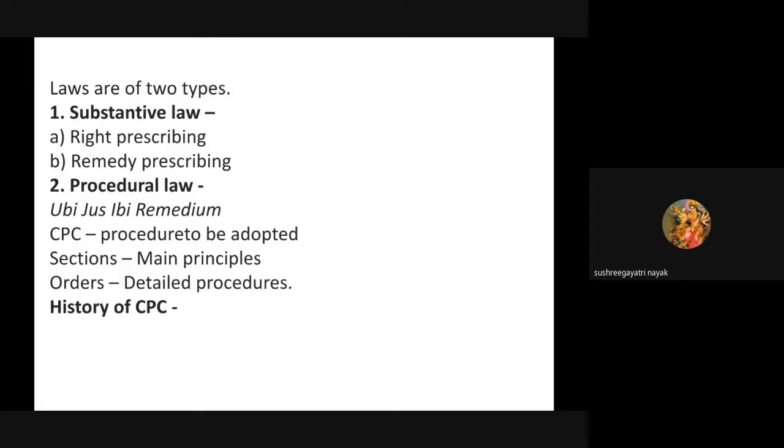Probably all this is not required for your examination purpose, but you need to know where your law came from. This is how it came, and Sir Earle Richards is actually the father of CPC, if we may call him that.